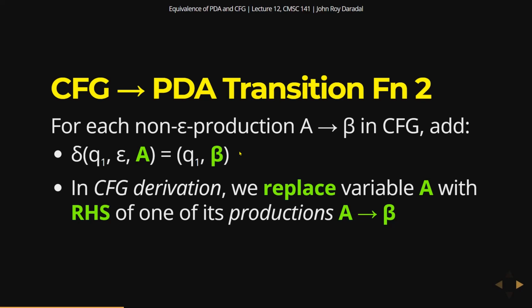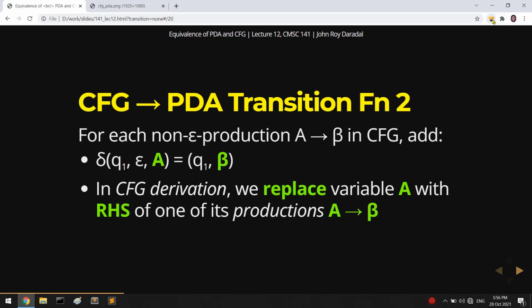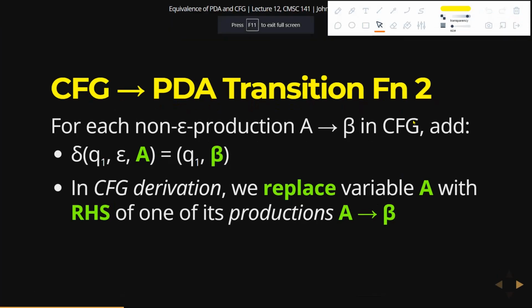A to beta. Now, why is it important that this is not an epsilon production? Because if this is an epsilon production, it would be like this, right? A would be equal to epsilon. And what does A with epsilon here mean?